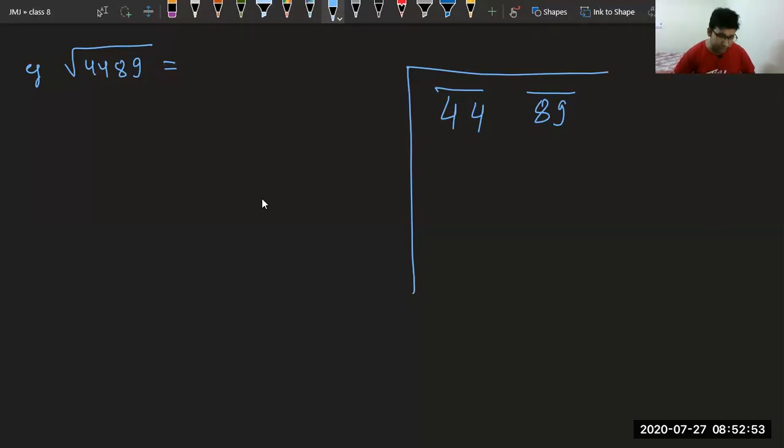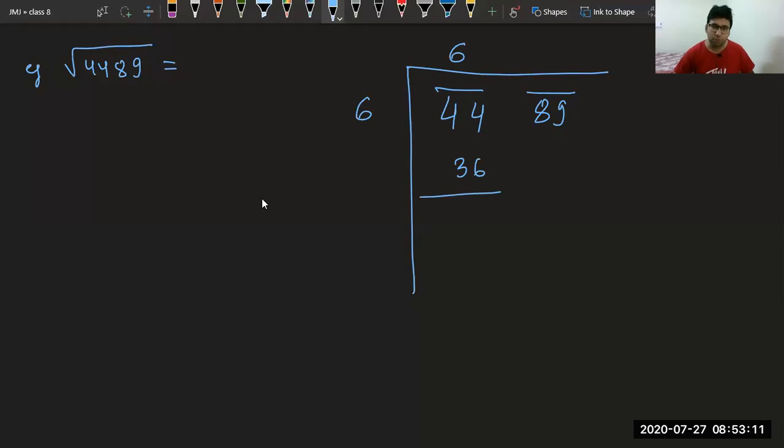Now see. First of all, Rachit, you tell me which number square is either equal to 44 or less than 44. So we have 6 whose square is either equal to or less than 44. So it is 36.